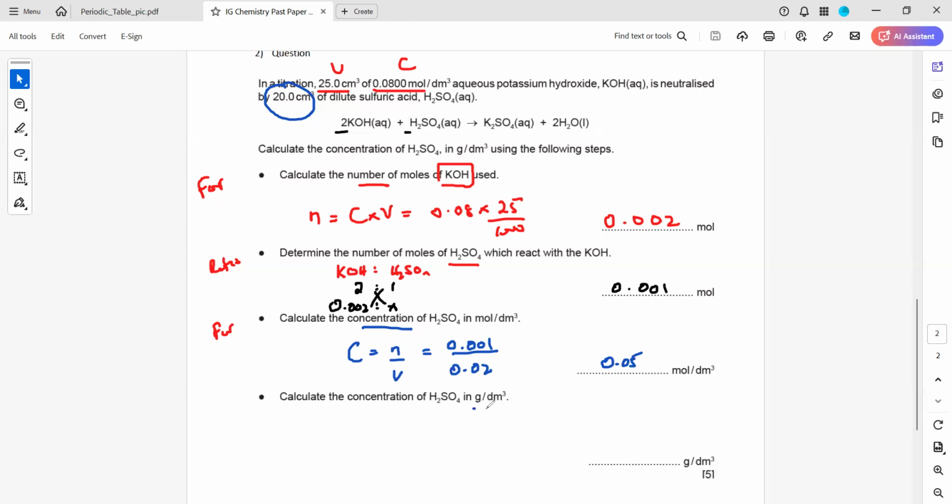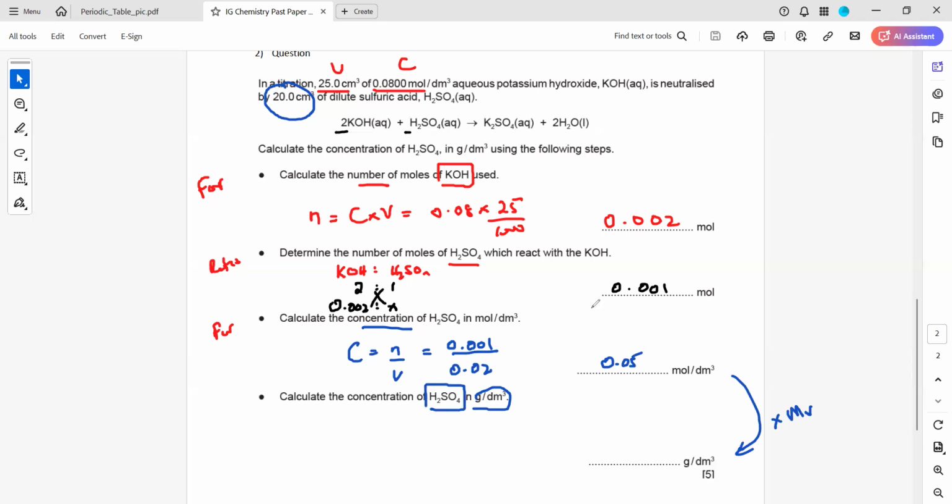But the next one, we need the concentration in grams. Whenever you convert concentration from mole per dm cube to gram per dm cube, what do you do? You multiply by the molar mass. So what is the molar mass of sulfuric acid?